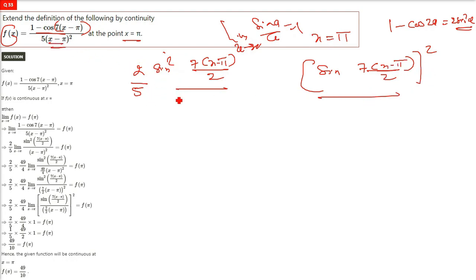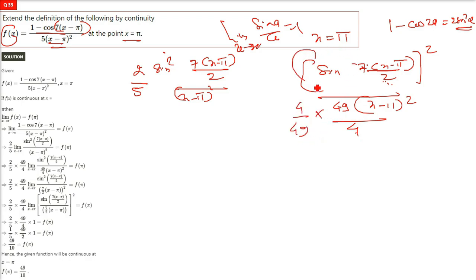So we just need to introduce 7 by 2 whole square, which is 49 by 4. But since I am introducing it myself, I have to eliminate it as well. So I need to multiply by 4 by 49 in the denominator. I hope you got the idea.